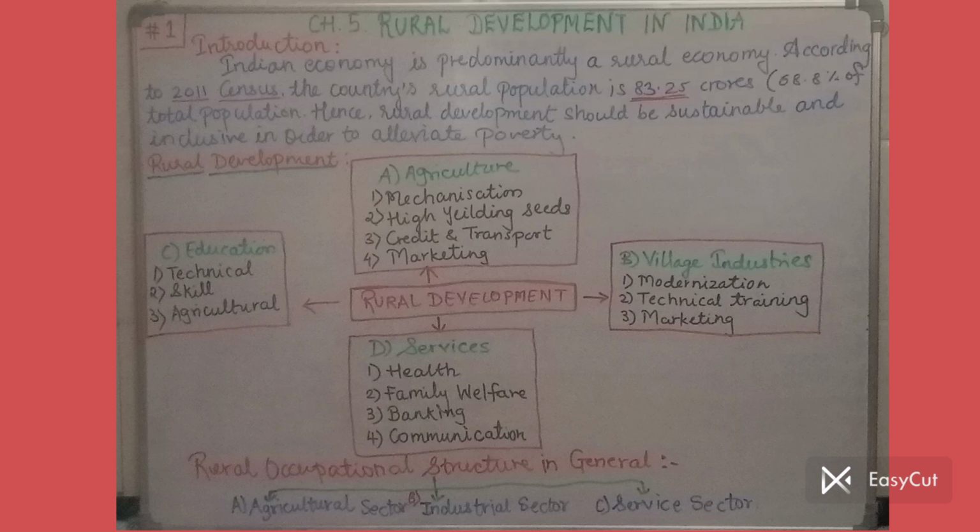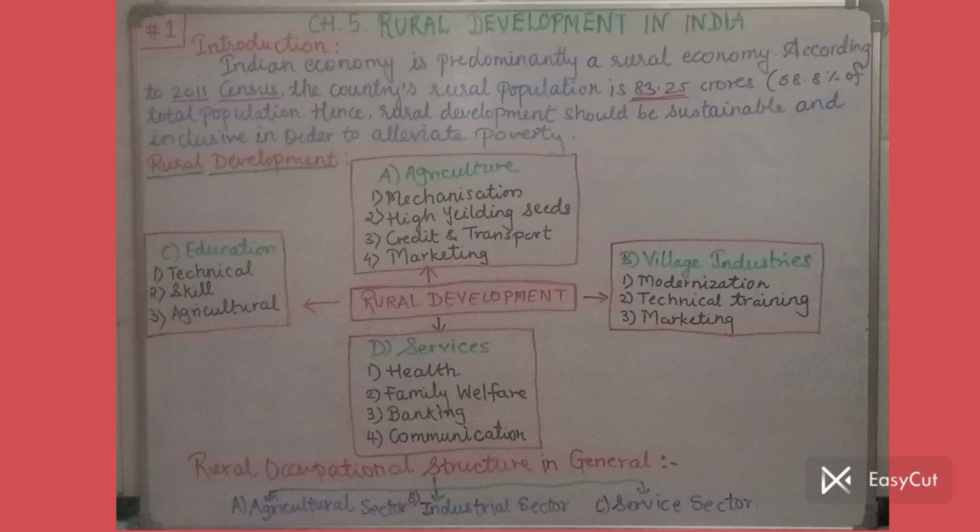Then, fourth area is services. In the service sector, first comes health, very important. Good healthcare facilities should be provided. Then, second, family welfare. By family welfare, we mainly refer to family planning programs in order to keep a check on population growth. Then, third, banking.